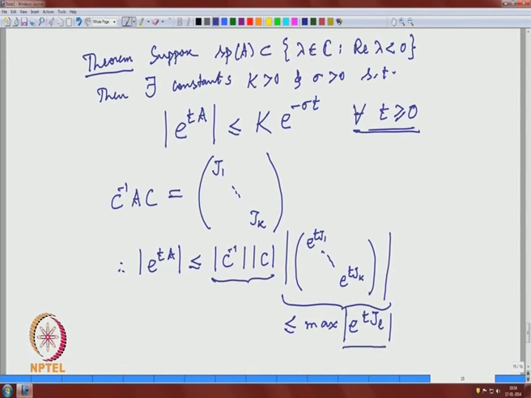And now if you use the previous representation, you see that sigma can be taken as minus half maximum of minus real part of lambda, lambda in the spectrum.